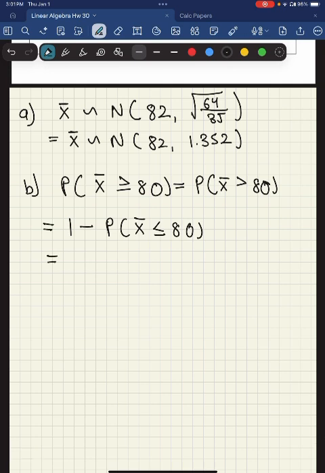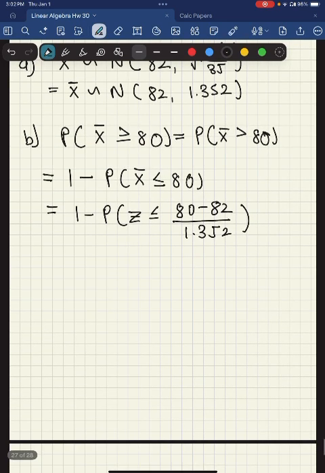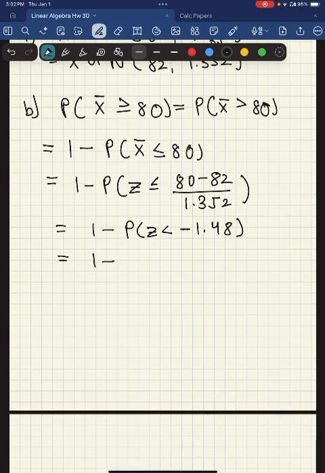So this is 1 minus the probability that z is less than or equal to (80 minus 82) over 1.352. Putting it in the calculator, we get negative 1.48. So this is 1 minus phi of negative 1.48.